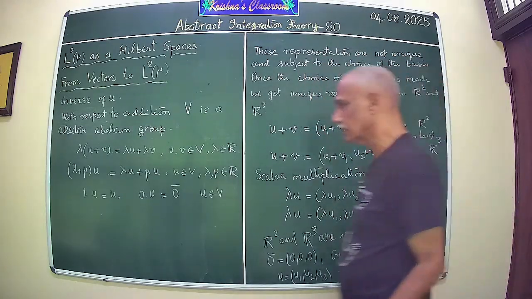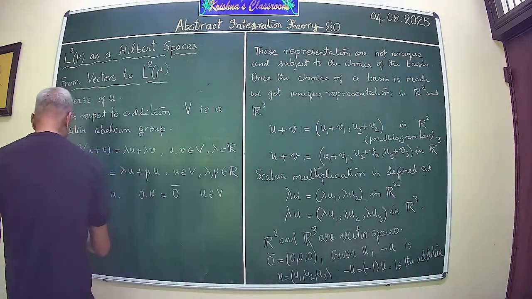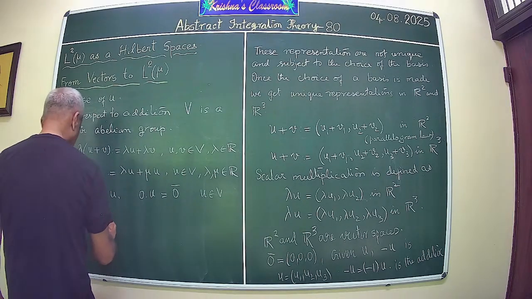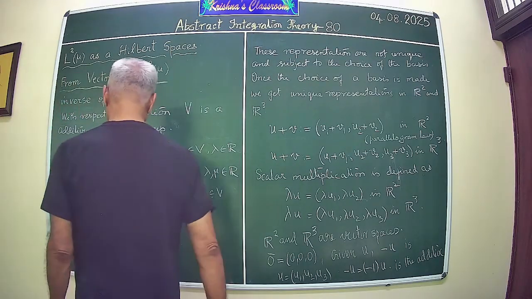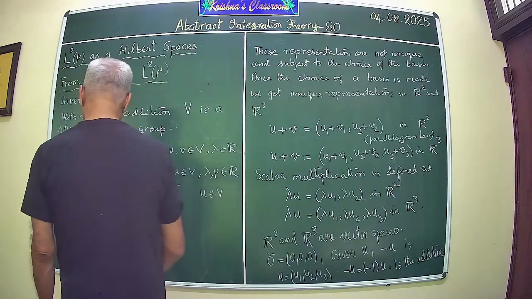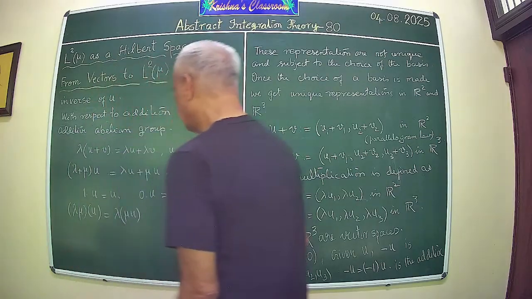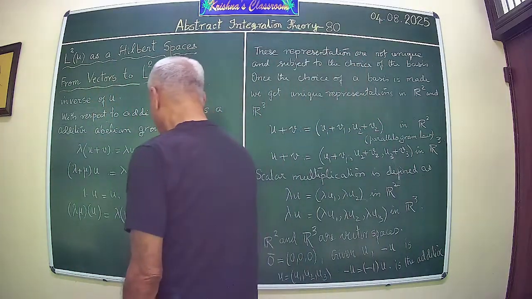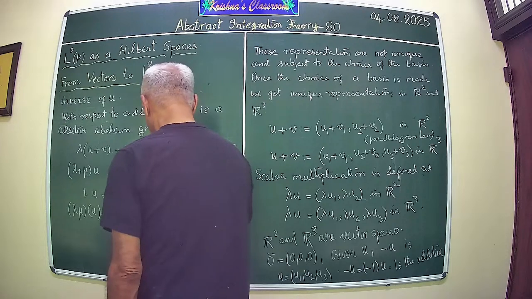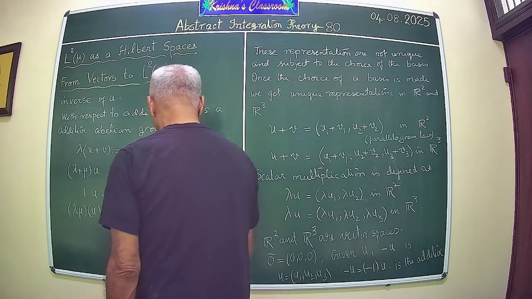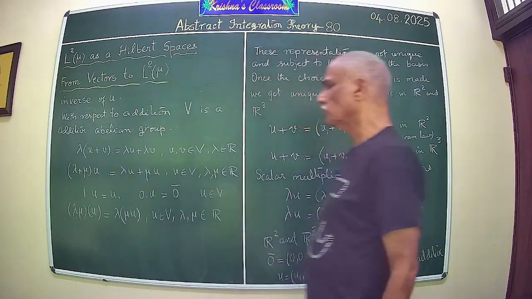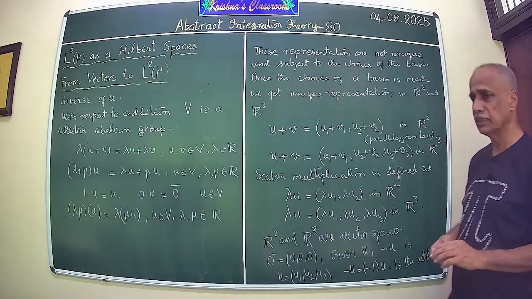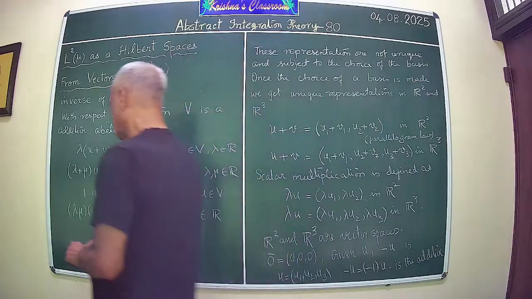You see that lambda mu, so it is defined. Okay. So all these are nice properties. Okay. So this forms a vector space.